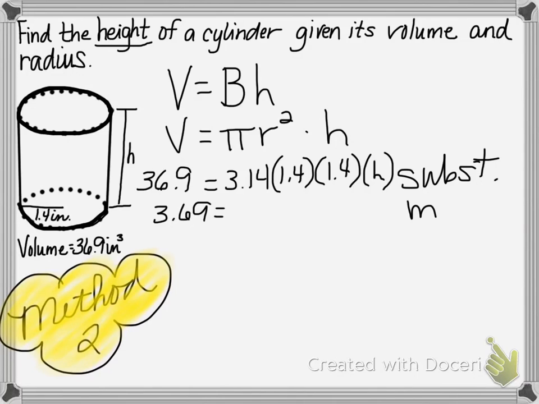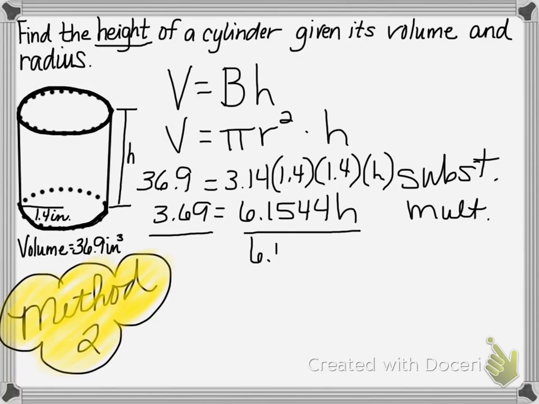So I'm multiplying, and I find that I have 6.1544h. And the next thing to do when I'm balancing this equation is I'm going to need to divide both sides by the coefficient of h, which is 6.1544. And I'm doing the same thing on the opposite side to maintain equality.